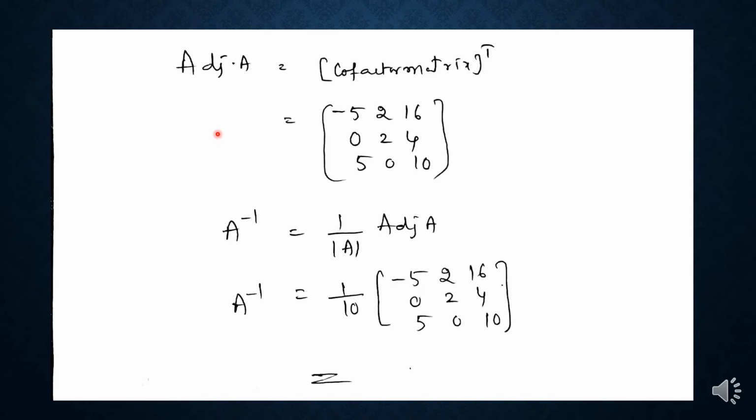The matrix obtained is called as adjoint matrix. Now after getting adjoint matrix, then write the formula. What is A inverse? A inverse is equal to adjoint A by det A. So A inverse is equal to 1 by 10 into adjoint A. So this is the inverse matrix of the given matrix.